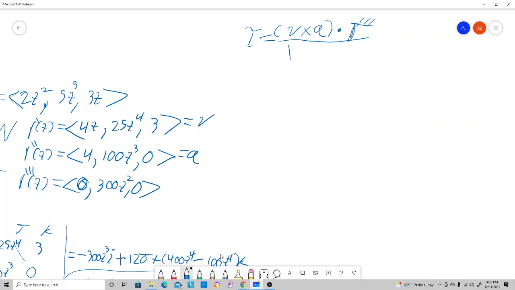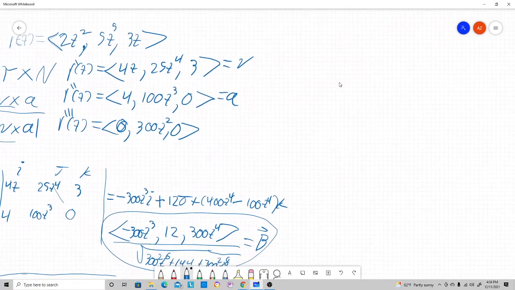All of this is divided by the magnitude of v cross a, squared. The good thing is that we already have v cross a and the magnitude of it. That's why I started with the binormal first.